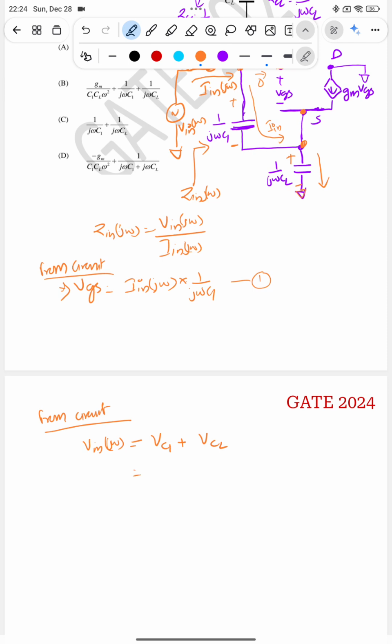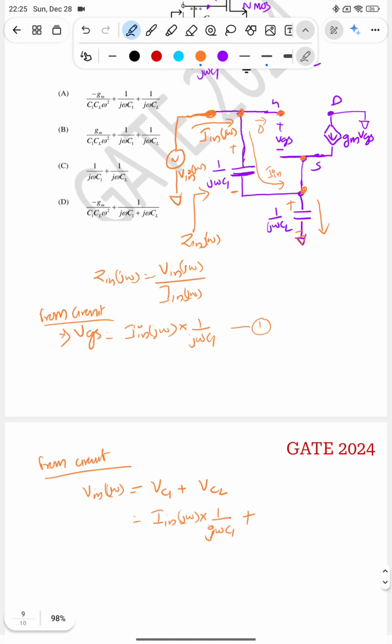So what is VC1, the voltage across C1? That is the current I in of j omega into 1 by j omega C1, that is the voltage VGS, right? Plus the voltage across CL. What is the voltage across CL? The current through CL into the impedance of CL. What is the current?